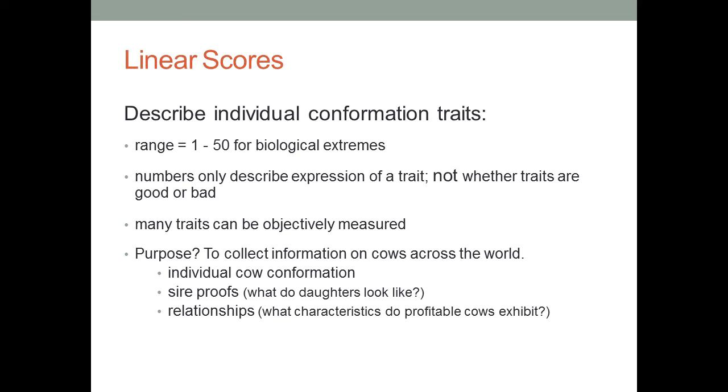This is very useful for producers in deciding what bulls to use. And the third, and in many ways the most important purpose, is to evaluate what characteristics profitable cows exhibit. That is, cows that make a lot of milk and live a long time, what do they look like? Linear scoring lets us answer that question.